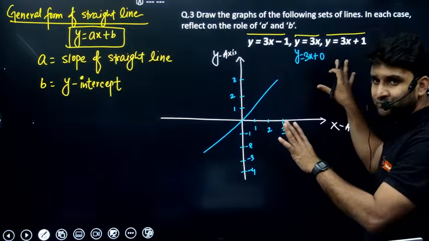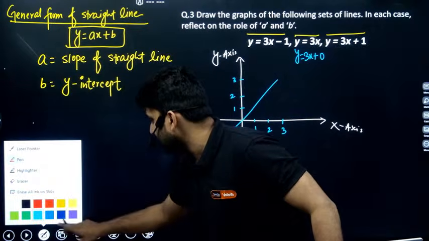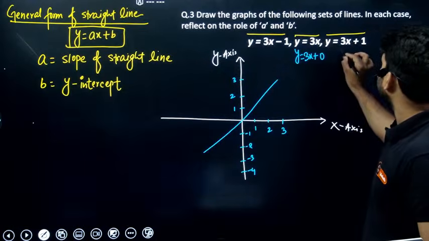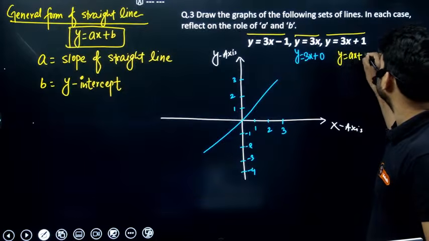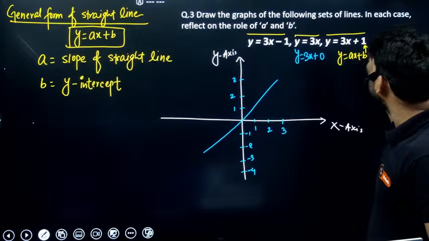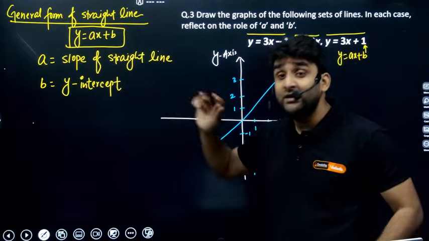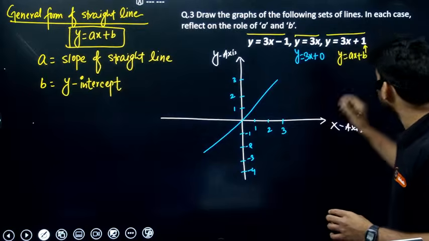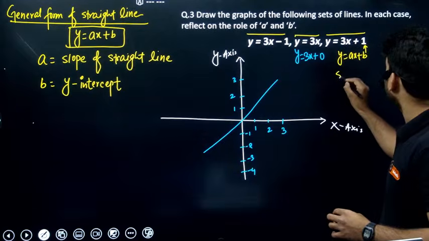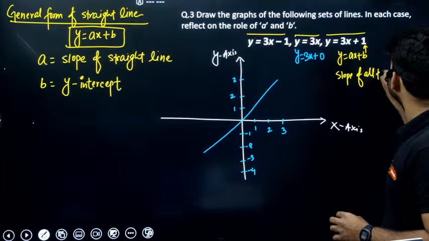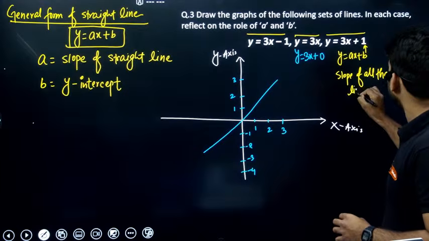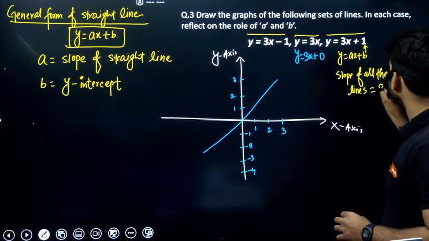Now I'm taking yellow color for this. Y is equal to ax plus b. Where is b? B is 1, and b is called y-intercept. But the slope is 3 here. Slope of all the lines is equal to 3.